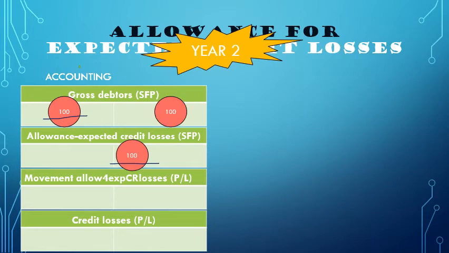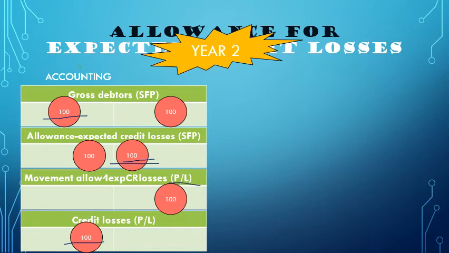So in year 2, we write off this debt as a credit loss. So we clear the debt in the SFP and we take it to the P&L as an expense. Now obviously we also have to get rid of this allowance for expected credit losses because the debt does not exist anymore. So we debit the allowance for expected credit losses and credit the movement in the allowance for expected credit losses in P&L.